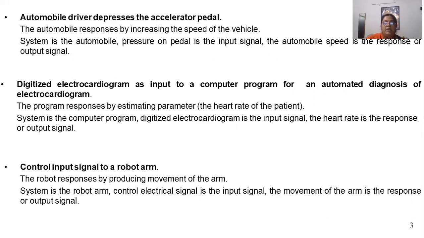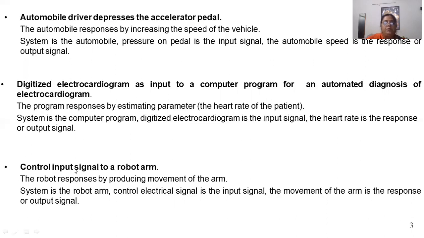So on the whole, we can say that a computer is programmed, the signals in the form of electrocardiogram are given to the system, and the response in the form of detection of diseases is the response of the system.